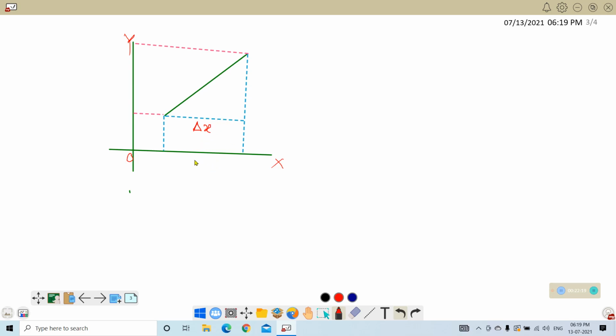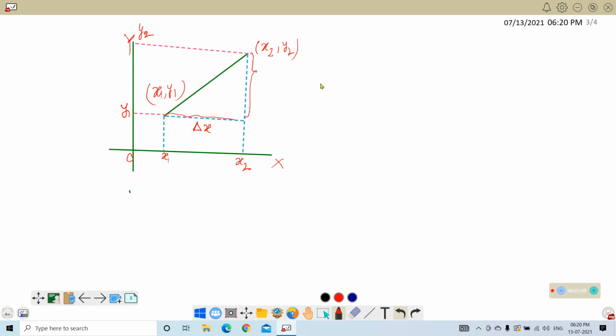This is delta x, change in x from x1 to x2, and this is the y1, this is the y2. The coordinate of this point is x1, y1 clearly, and the coordinate of this point x2, y2. So from this configuration, you can say this is delta y, and this is delta x.